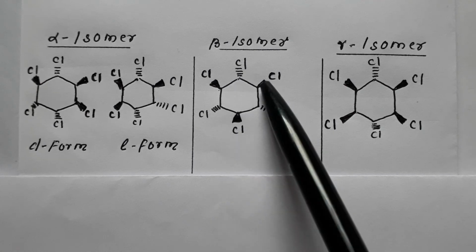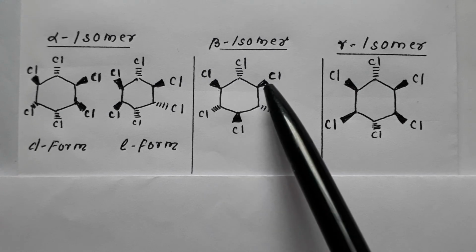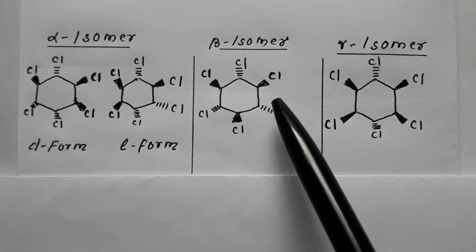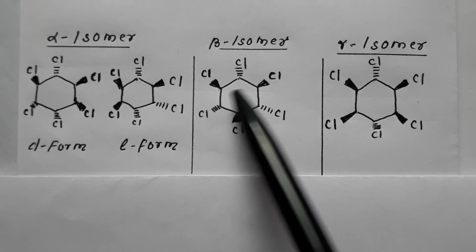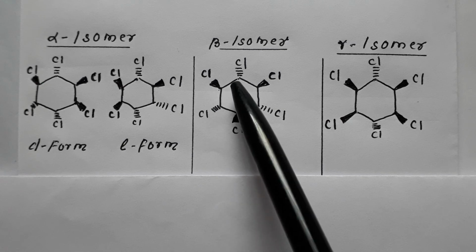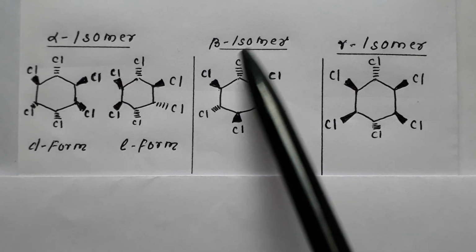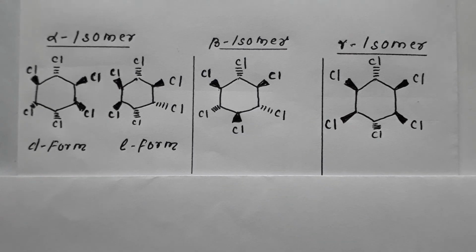The 3 Cl present upside of the plane and those present below the plane are alternately present: one on the upside, then below, then upside, below, and so on. This molecule is called the beta isomer.